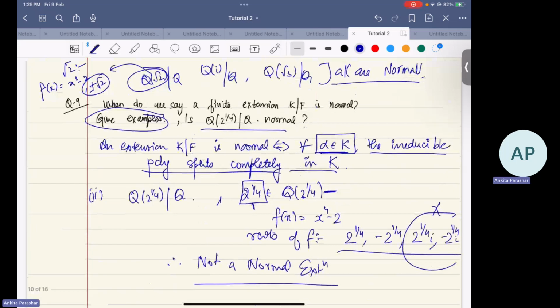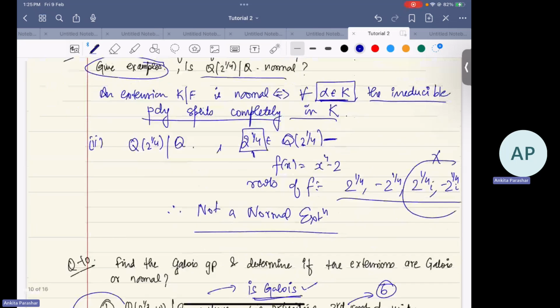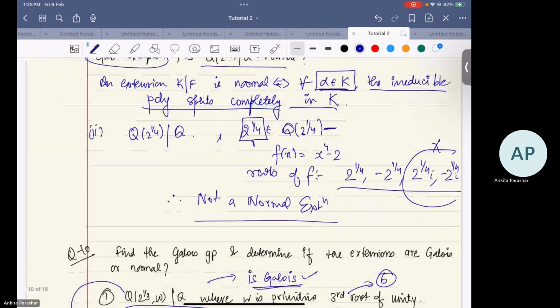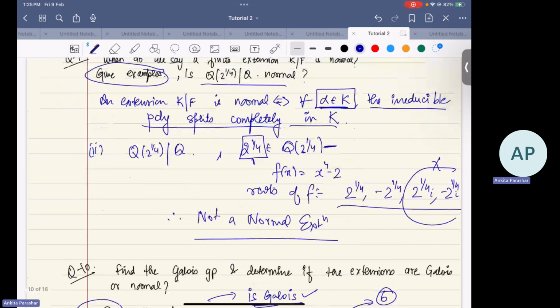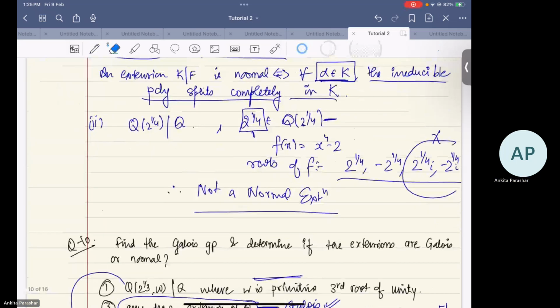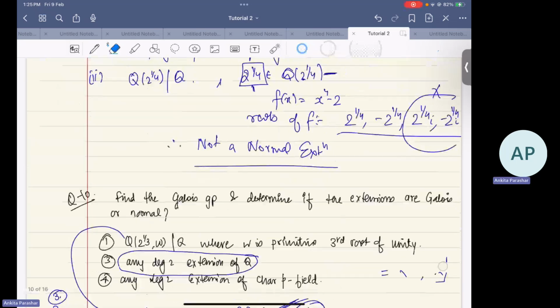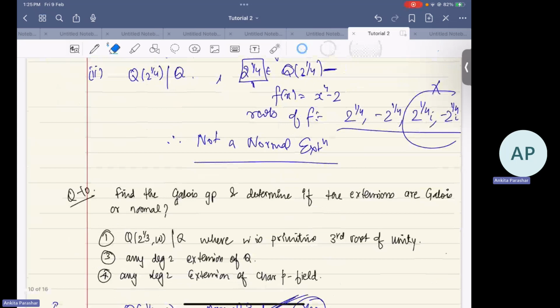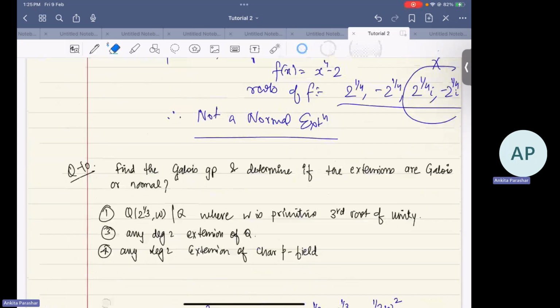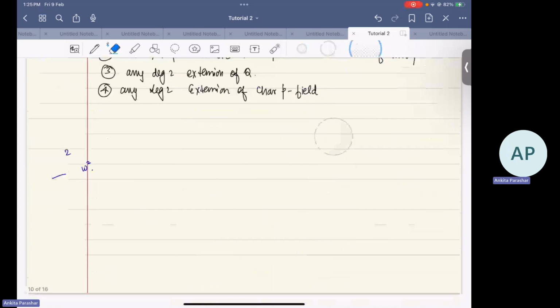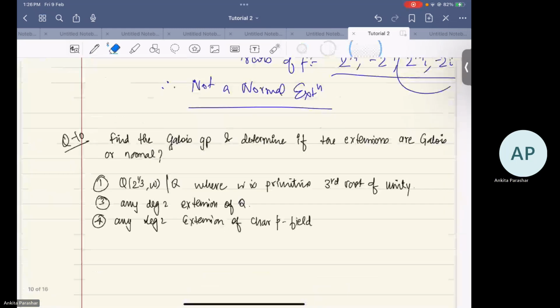All right, so now looking at this, we will go to the other question: find the Galois group and determine if the extensions are normal or Galois. Okay, we will see these now. I will just show the solution so that we can discuss it.